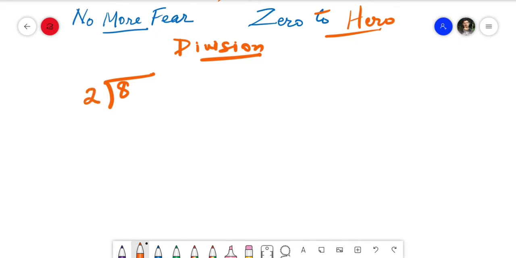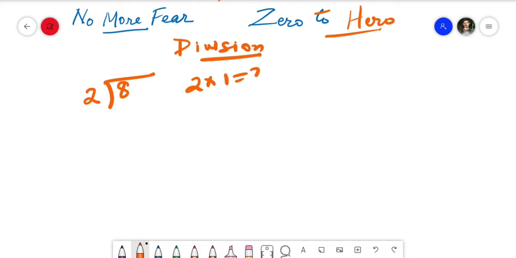Now this 2 divide is very easy. Why I said easy? This is for those who literally don't know about this thing. If you have seen this one, always remember the thing is very easy. But if you have any problem in this one, then please comment down so that I can know.